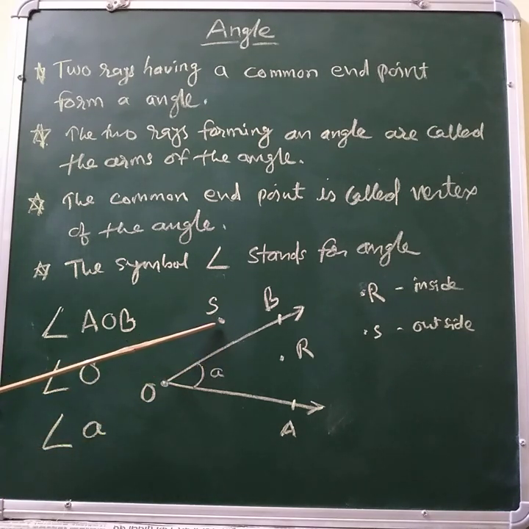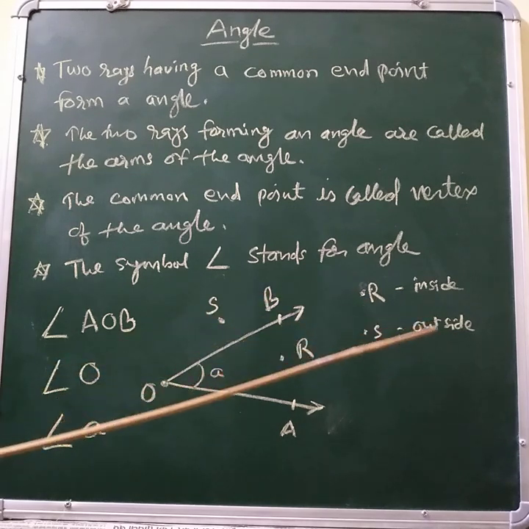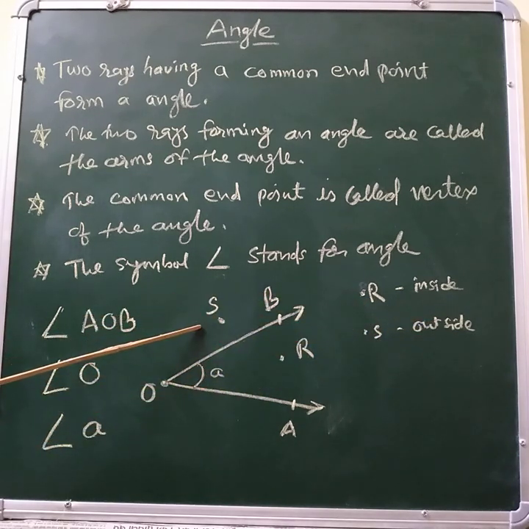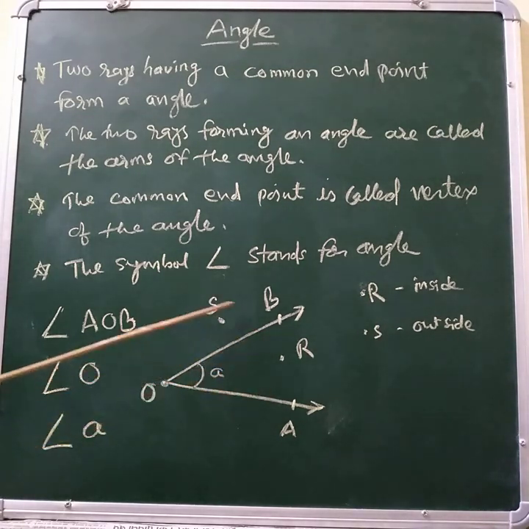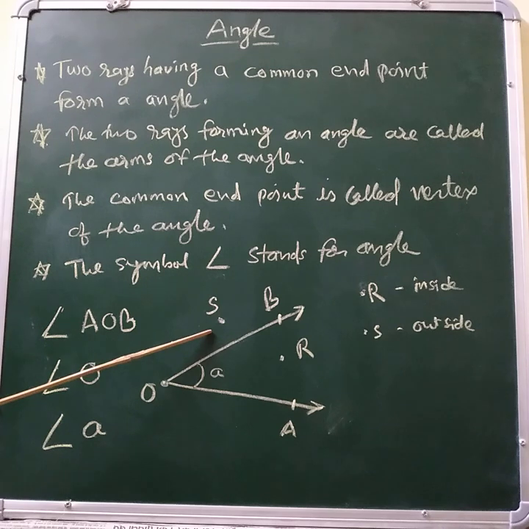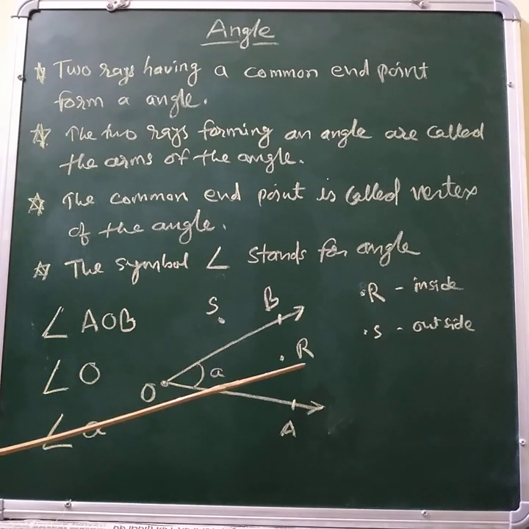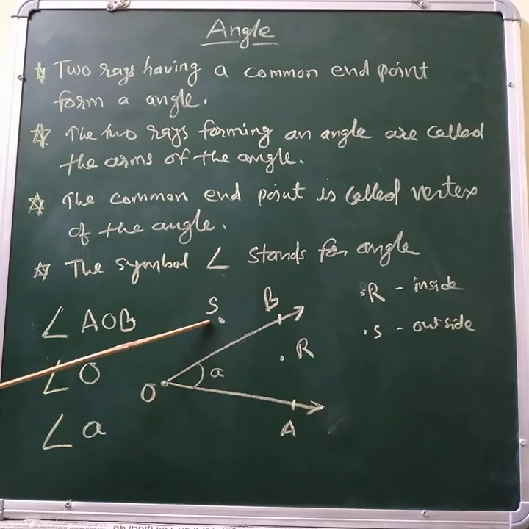So see here, point S lies outside of the angle. In this way you can say that this point lies inside the angle, this point lies outside the angle, or point R lies in the interior of the angle, point S lies in the exterior of the angle.